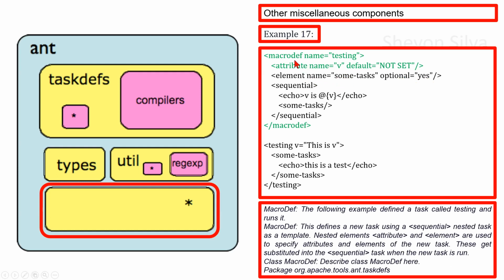This gets substituted into a sequential task when the new task is run. With regard to API, we can consider class macrodef. This is in the package org.apache.tools.ant.taskdefs.